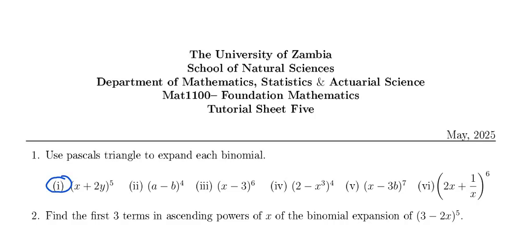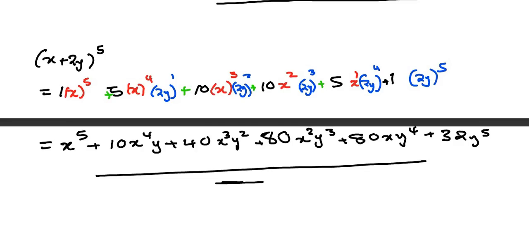So it's the same principle for everything. And if the second term is attached with a negative, we carry the negative on our expansion. So I'm also going to expand this guy here, number 4, so that you see the power is 4 as well. So this is 2 minus x to the power 3, and this is the power 4.